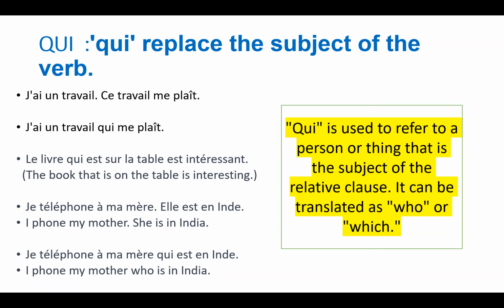Another one: le livre qui est sous la table est intéressant. The book that is on the table is interesting. So here, what is the main clause and what is the subordinate clause? When we divide it into sentences, the first is le livre est sur la table.